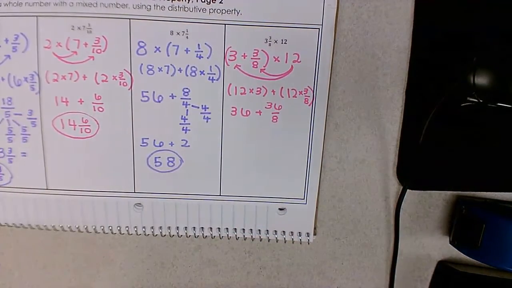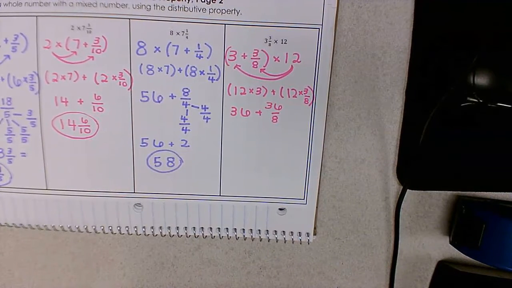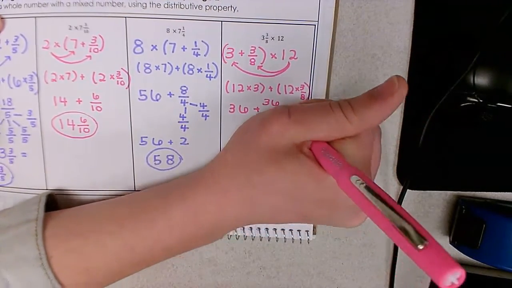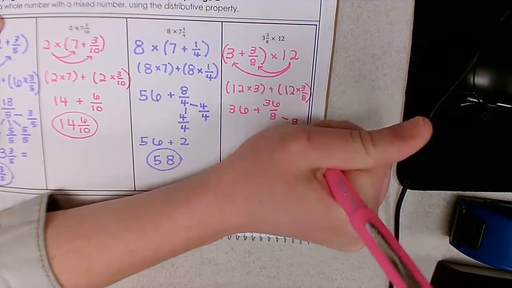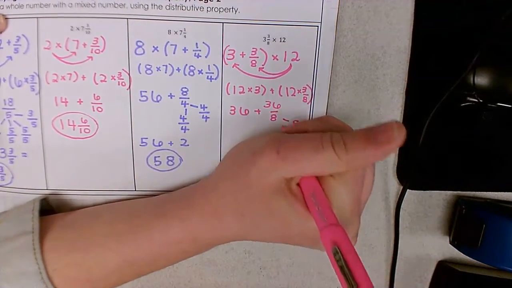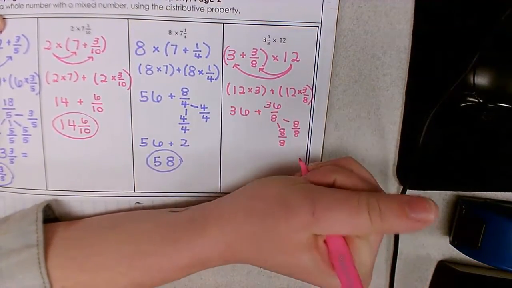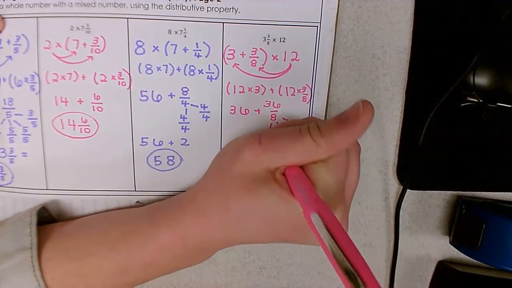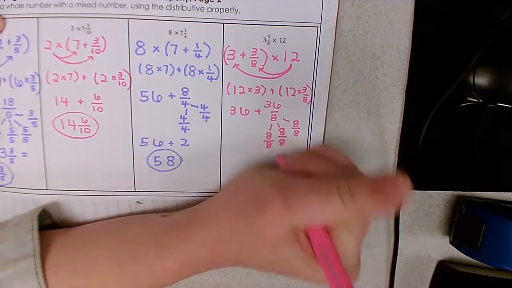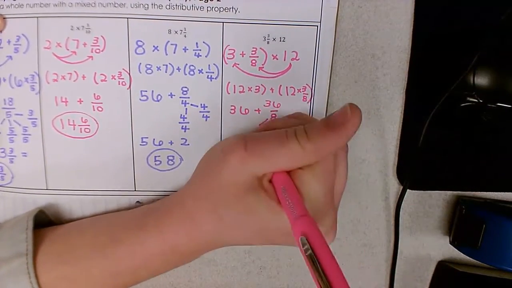I can see pretty clearly that this is going to be an improper fraction because 36 is a much larger numerator than our denominator 8. So let's pull out those groups of 8/8 and see how many we can do. 8, 16, 24, 32.